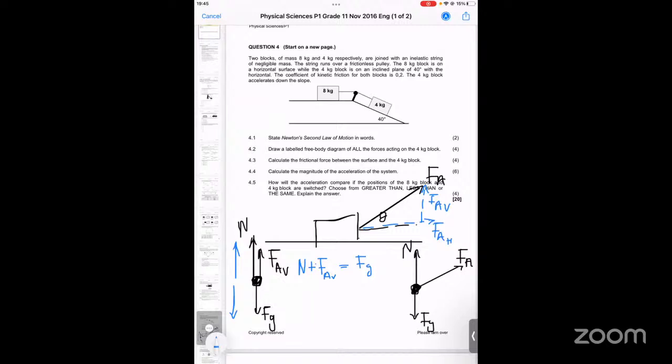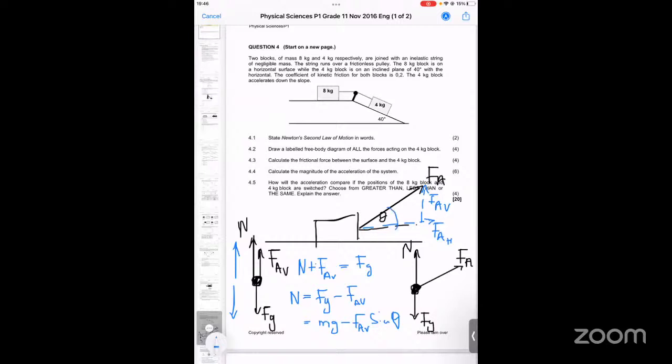So for this diagram, the normal force equals Fg minus force applied vertical, which equals mg minus force applied vertical, which is force applied times sine of the angle.